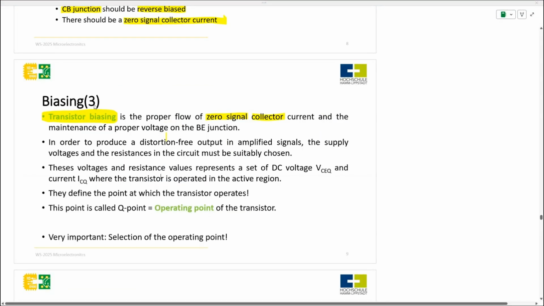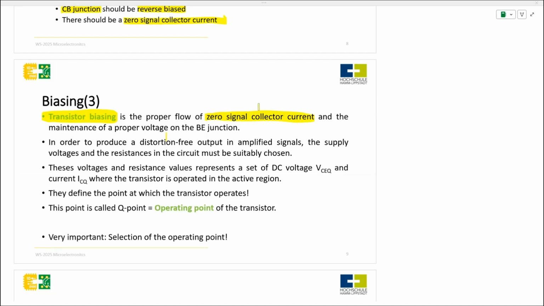So the transistor biasing is the proper flow of a zero signal collector current and the maintenance of a proper voltage on the BE junction. So we are at the BE junction, and our transistor biasing is basically the flow of what?